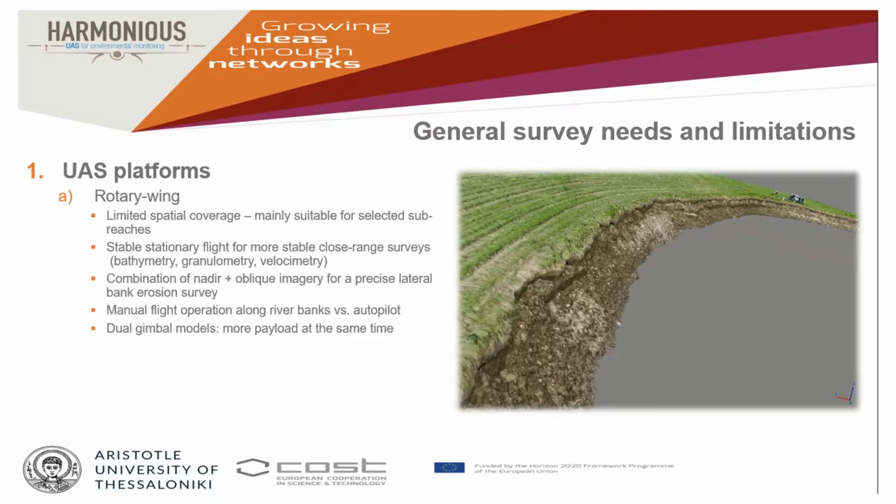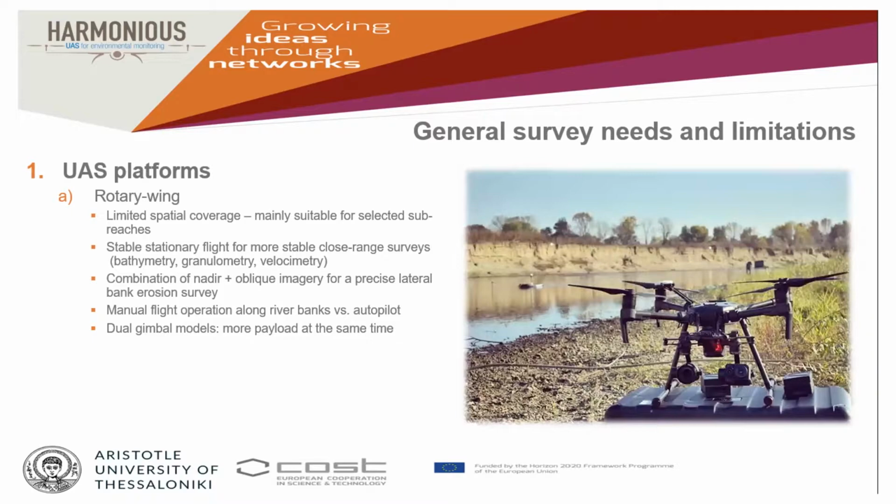And we can even use manual flights, because if we map with traditional photogrammetry, with different settings of overlaps between the flight paths, we can focus on a selected part by changing the flights and even following the curvature of the riverbank as well.